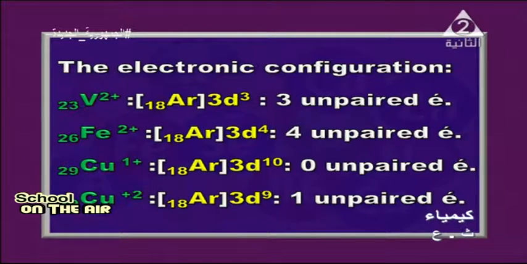We know that the unpaired electrons determine the magnetic property and the color property. When there are no unpaired electrons, the compound is colorless and diamagnetic. So the answer here will be copper positive 1, as it has no unpaired electrons.